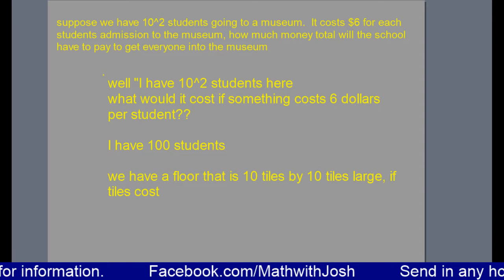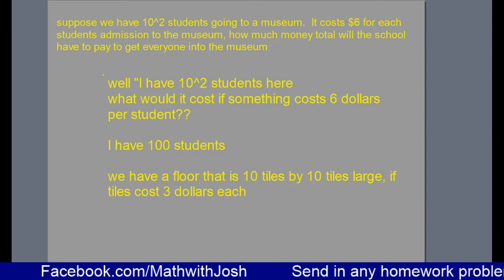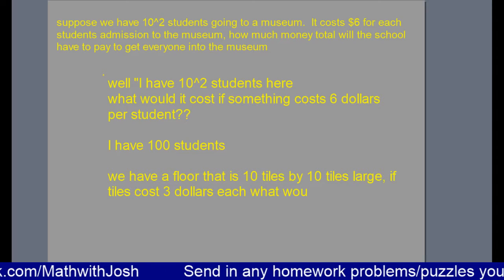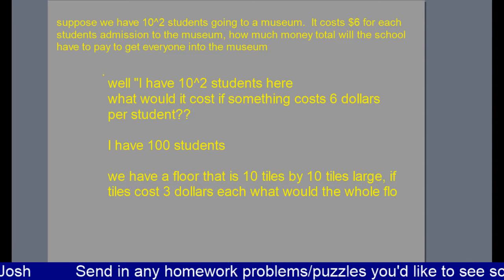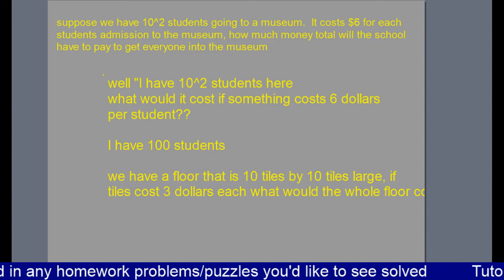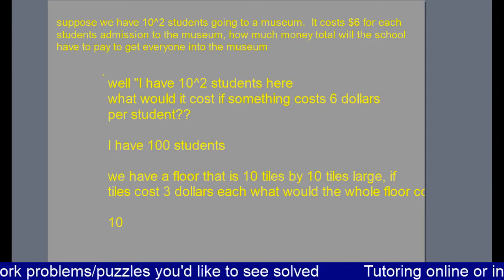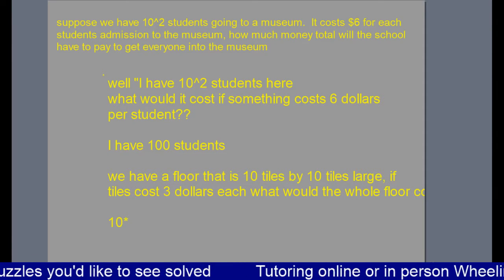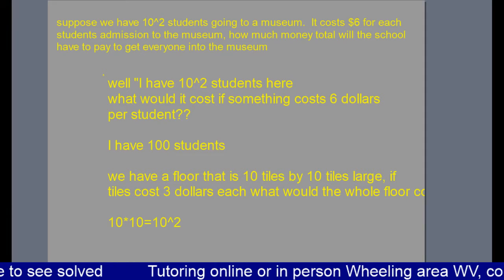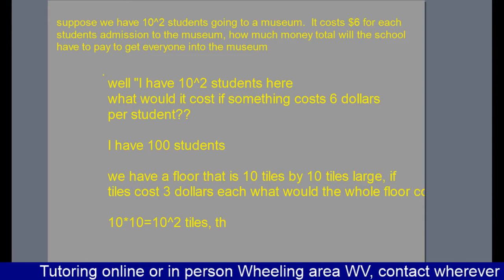If tiles cost $3 each, what would the whole floor cost? In that case, you go, okay, we have 10 times 10, or 10 to the second tiles, they cost 3 each.